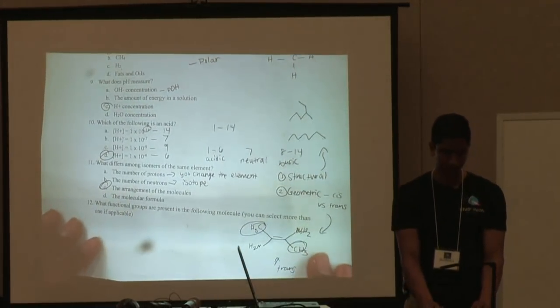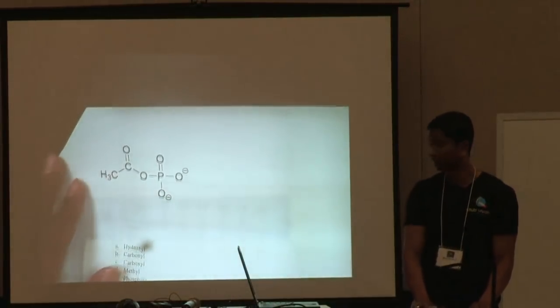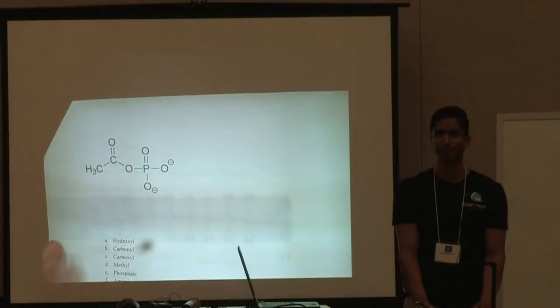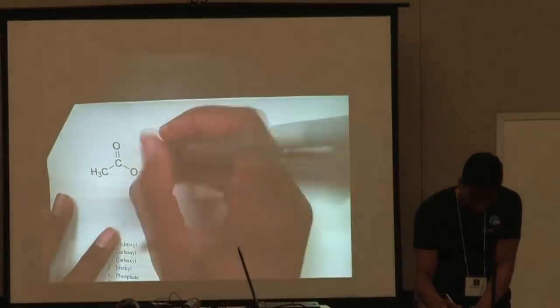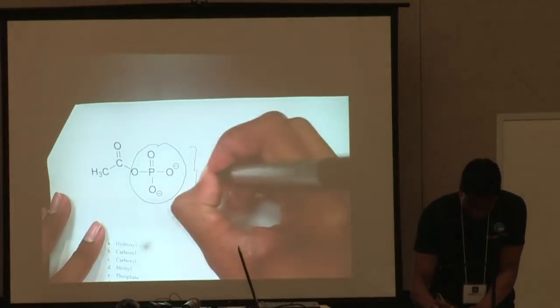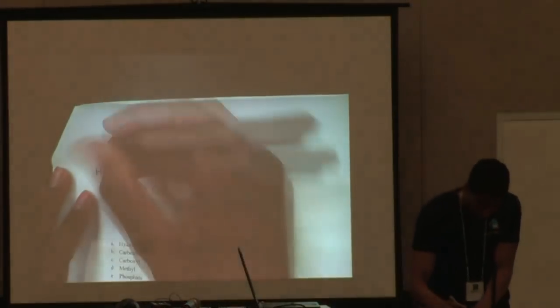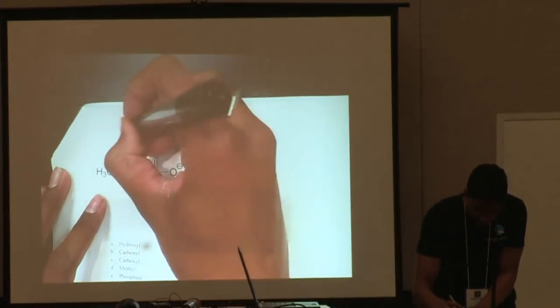Number 12, which of the functional groups are present in the following molecule? So you guys can just call them out. Phosphate, good. What was that? Awesome. Carbonyl right here.